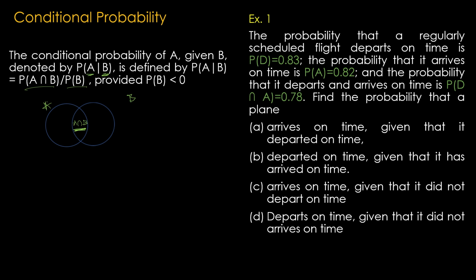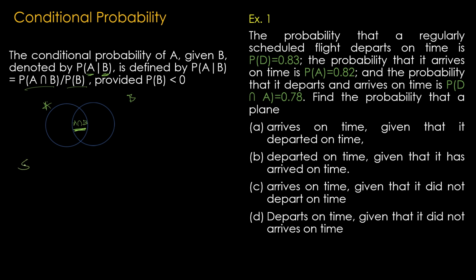We are to find the probability that a plane is, letter A, arrives on time given that it departed on time. Letter B, departed on time given that it has arrived on time. Letter C, arrives on time given that it did not depart on time. And letter D, departs on time given that it did not arrive on time. Okay? So, ganito yun.